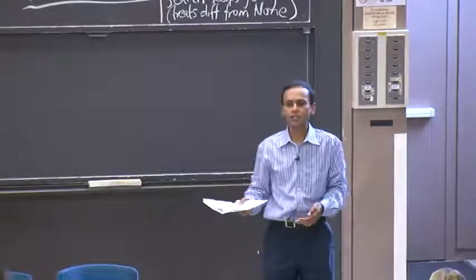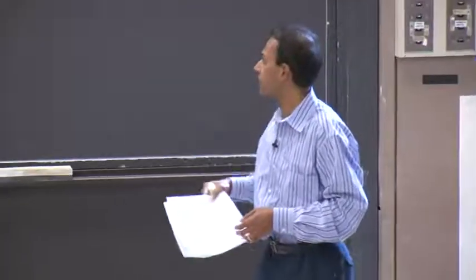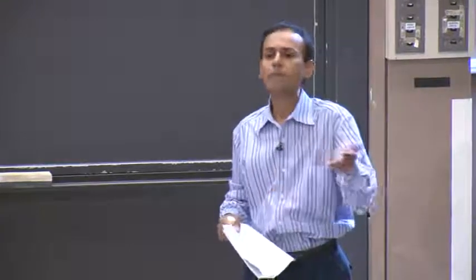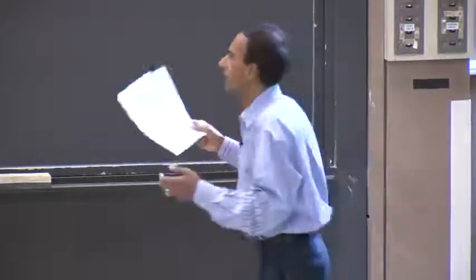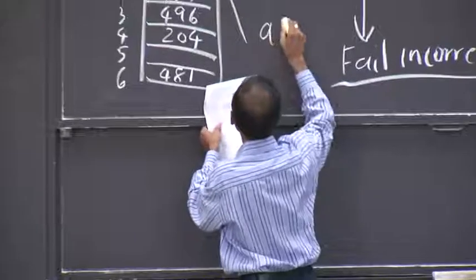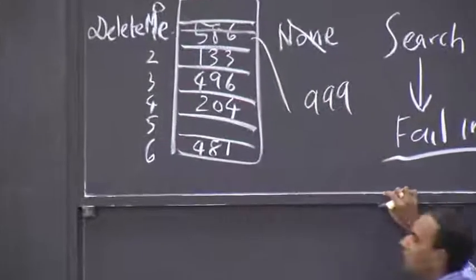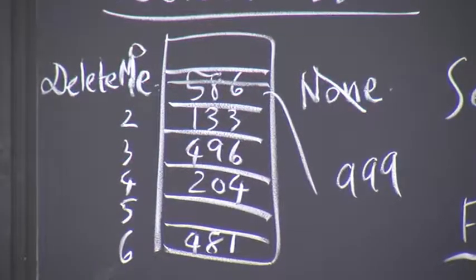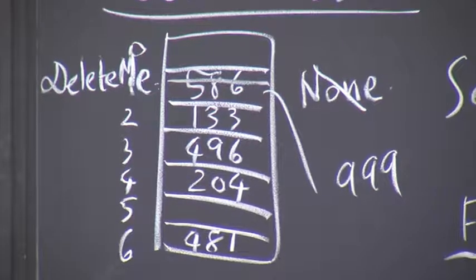So the next time you want to insert, if you happen to index into the slot corresponding to 586, you can override that. The delete me flag goes away, and some other key, call it 999 or something, would get in there. And you're all set with that. Okay? Any questions? Does all make sense?